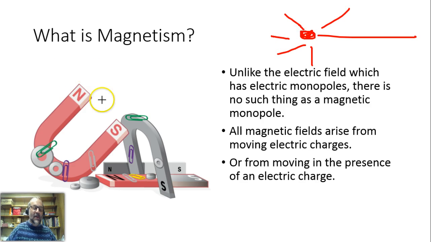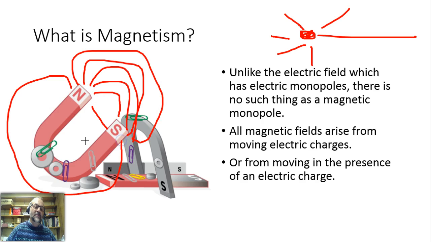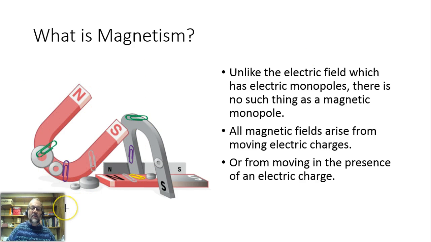You can't have that with magnets. There has to be a north and a south pole, and the field goes from north to south, and actually inside the material itself. That is a very important distinction: you actually have to have two poles when you create a magnet.